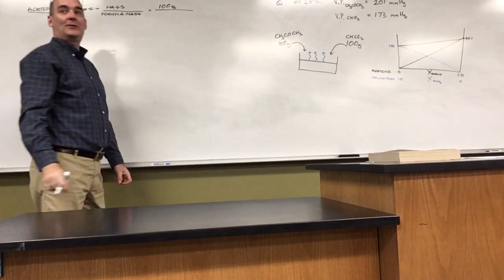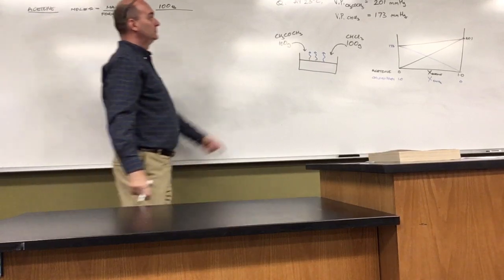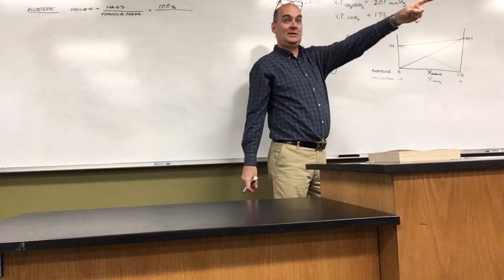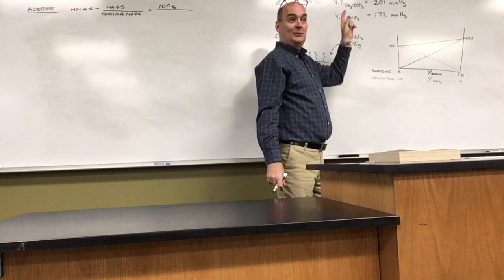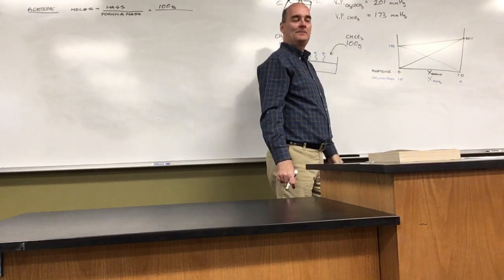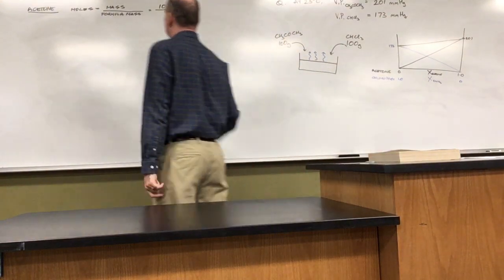What is my formula mass for acetone? The question gives you the formula, and there's a periodic table. At some point, with just carbons, hydrogens, and oxygens, you shouldn't have to look at the table, because carbon is 12. How many carbons do I have?